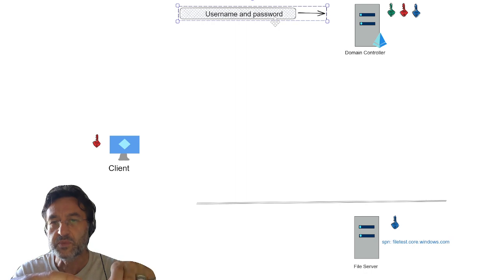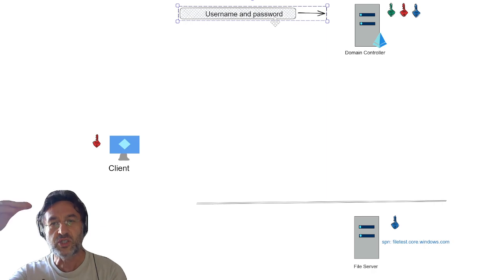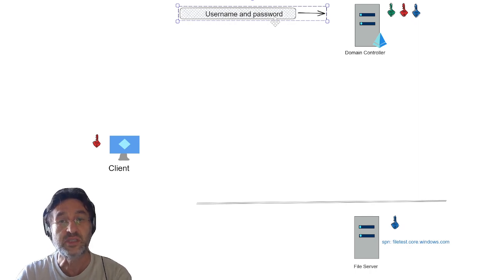The username and password are not in clear text, they are encrypted with a hash. The domain controller picks this information, matches it in its database, finds the correct username and matches the hash password. Once this is done, it means the client is authenticated.